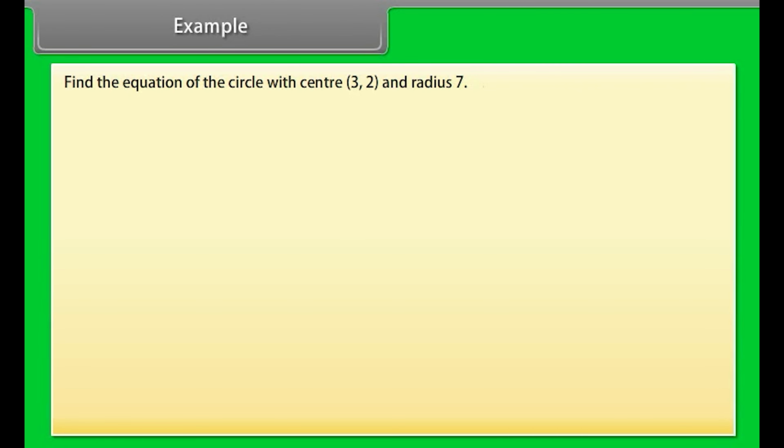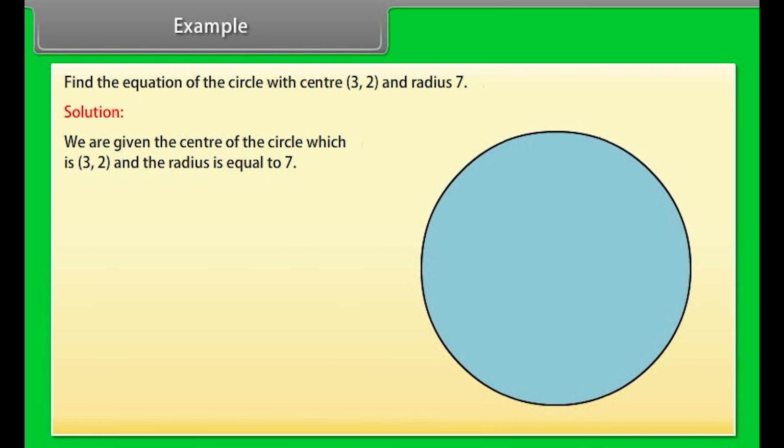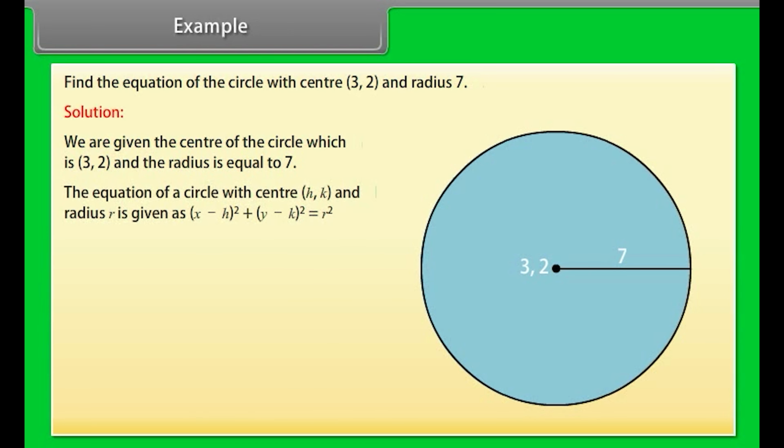Example. Find the equation of the circle with center (3, 2) and radius 7. Solution. We are given the center of the circle, which is (3, 2), and the radius is equal to 7. The equation of a circle with center (h, k) and radius r is given as (x - h)² + (y - k)² = r². Here h and k are 3 and 2, and radius r is equal to 7.